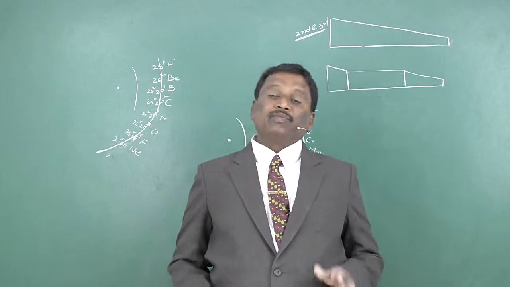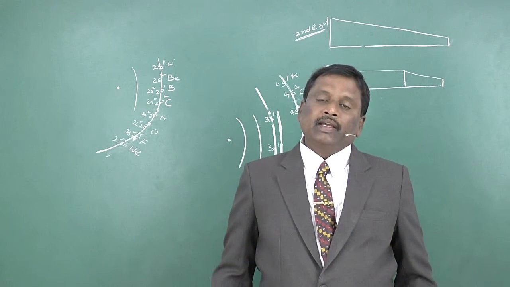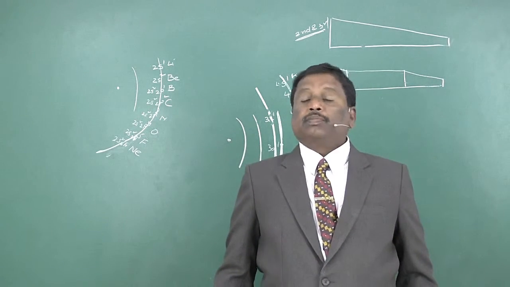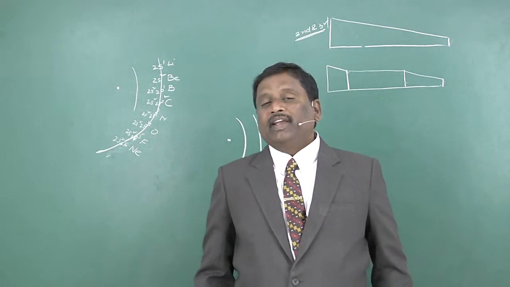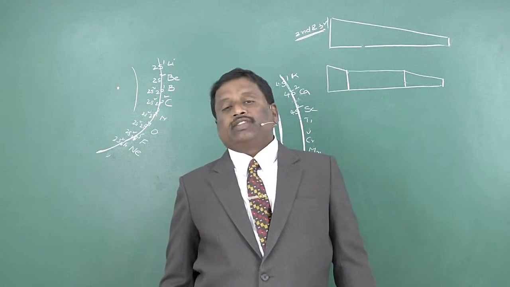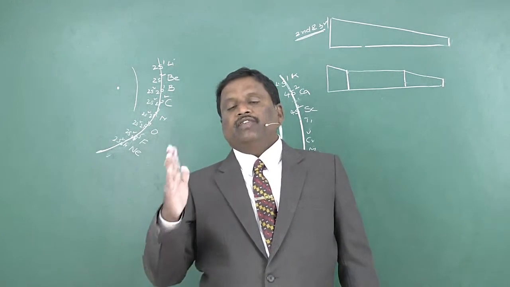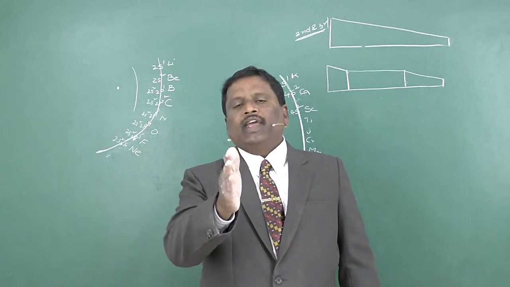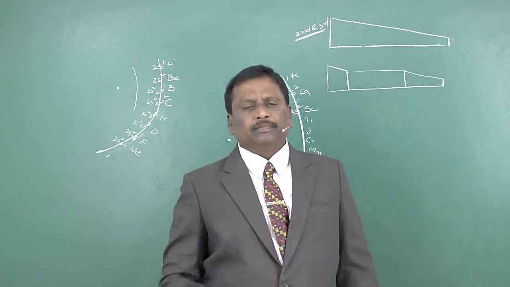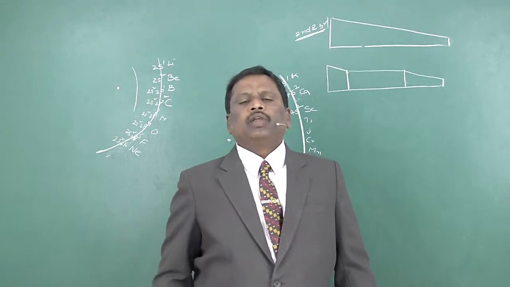Now let us observe this effect in sixth period elements. In the case of the sixth period, it is different, because in the sixth period the first element is cesium. After cesium we have barium. After barium we have lanthanum.